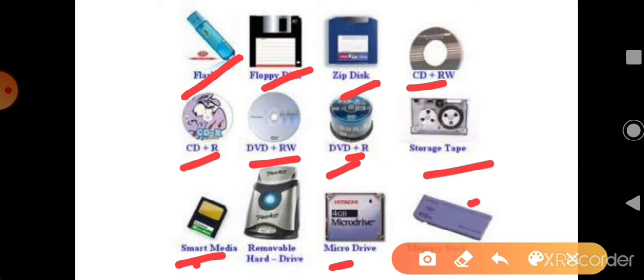In a computer, all the work is done by the CPU and the data is stored in the storage devices. Like a hard disk is one example of a storage device. Floppy, CD drive, pen drive, every one of these devices is used only for storing data.